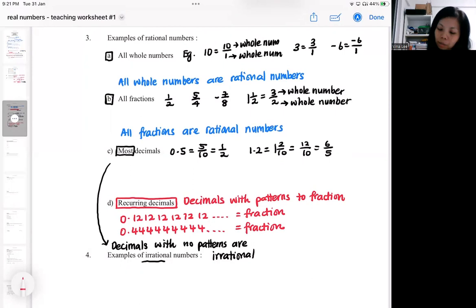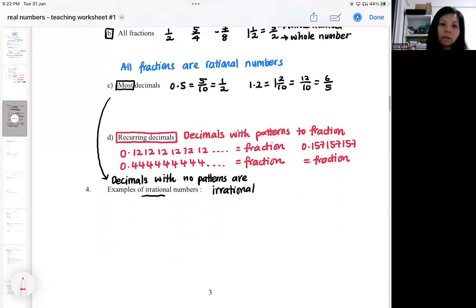One last example, something like 157. This one can also be converted to fraction. In the last few examples of this teaching worksheet, we actually have a part that teaches you how to convert. Some of you may be tested for this part if your teacher goes through it.